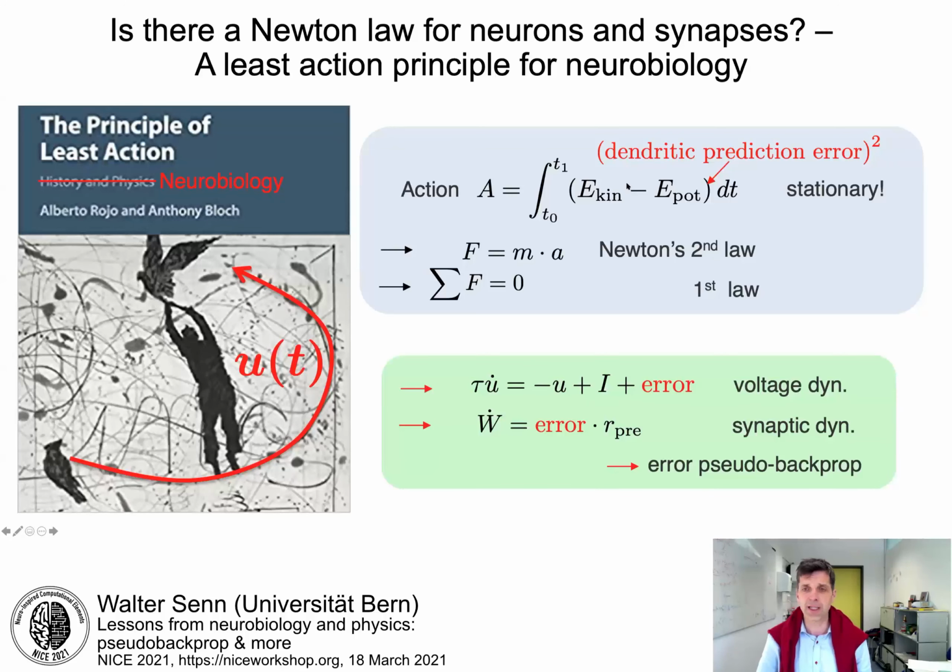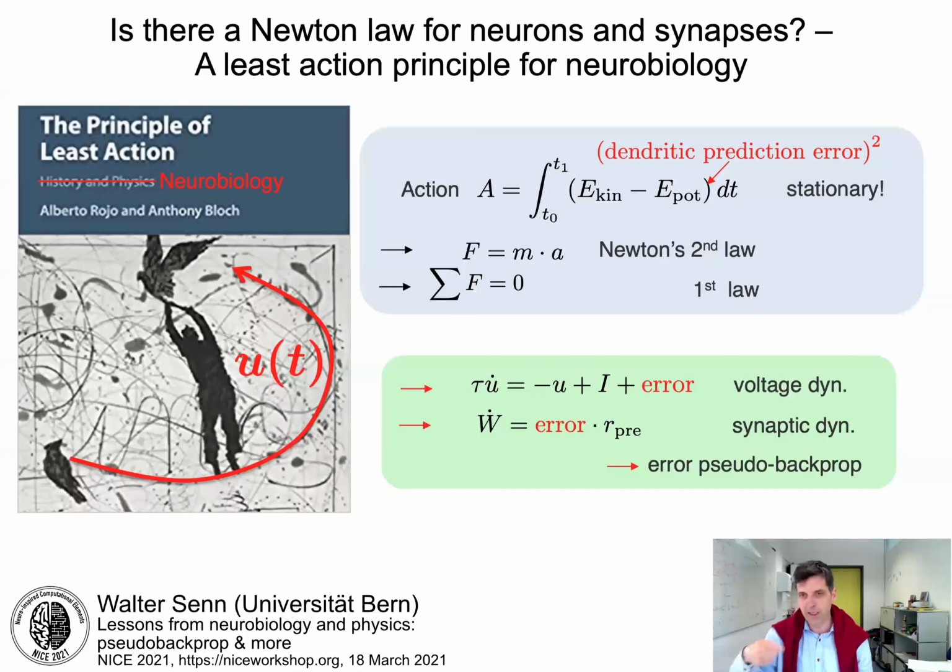And here we take, to get into contact with these neurons, the dendritic prediction error as a key notion of what should enter in this so-called Lagrangian. And we are going to minimize the integral of the dendritic prediction error across all the neurons in our big network that can encompass the whole brain potentially.